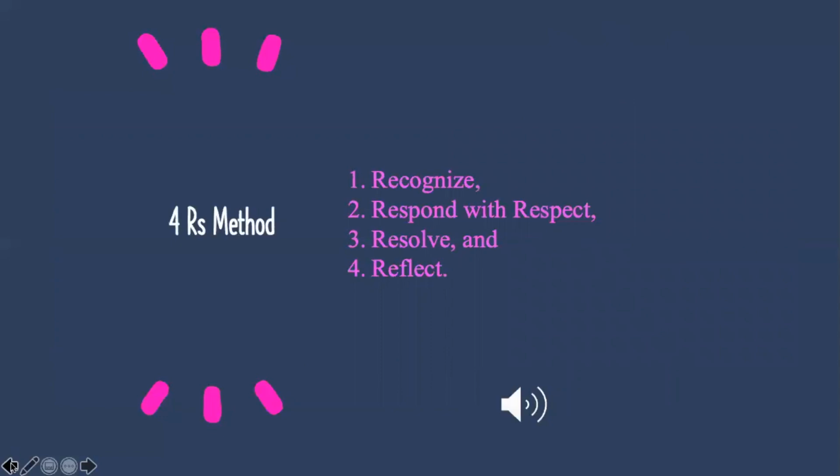Just to give you time to make sure you're recognizing the 4 R's method. Again, recognize, respond, and always try to use respect, and resolve, try to come up with resolution and change, and then give yourselves time to reflect upon what is being asked of the group or what's being asked of you individually. And we'll come back and review this a little bit more with the class today.